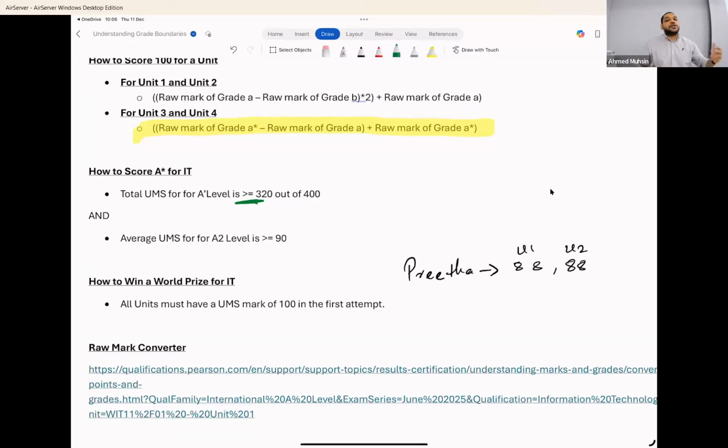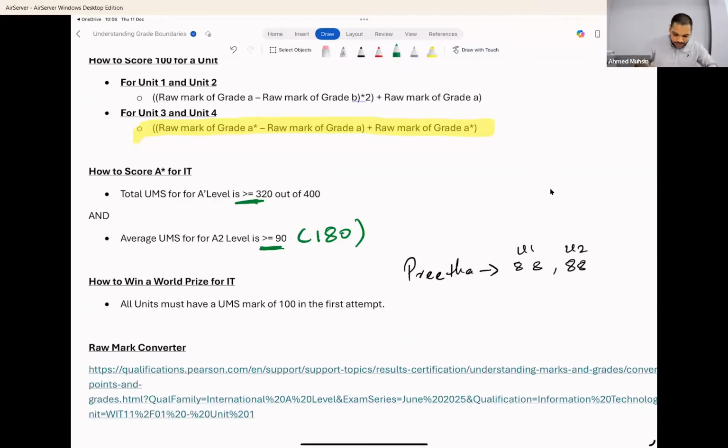Condition number 2, in A2 level, the total UMS will be out of how much? Out of 200, isn't it? Your average UMS for A2 level should be greater than or equal to 90, which means the total should be at least 180.